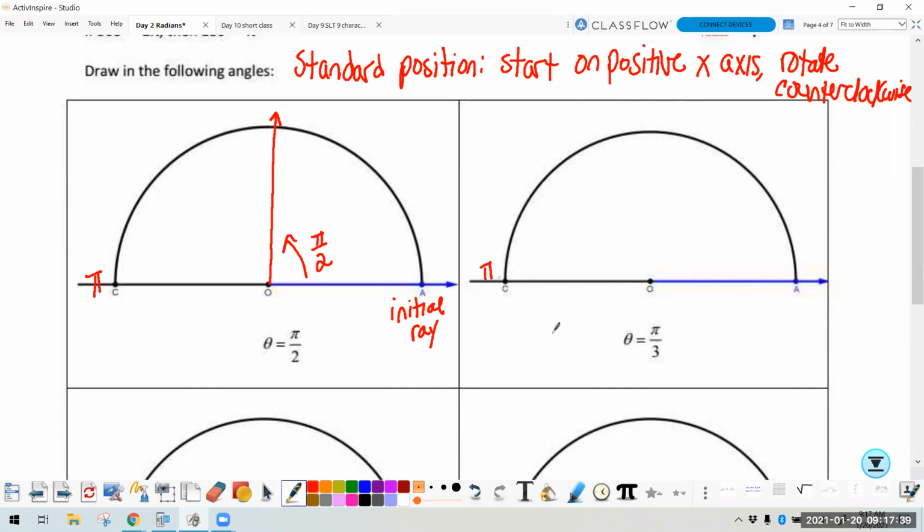Halfway around is pi. So I'm going to estimate about 1/3 of pi, condensed to the one fraction, pi over 3. So if I want to split this in thirds, well, that's pretty good. Here would be my terminal ray, where this angle is pi over 3 radians.